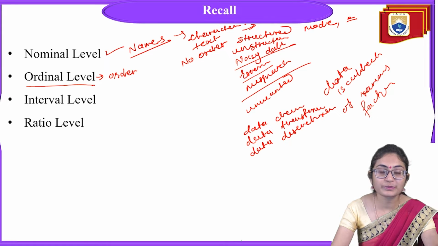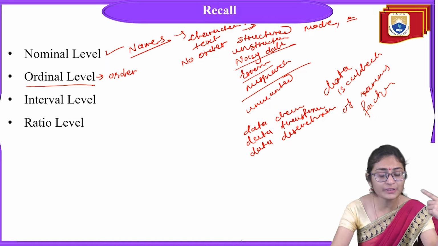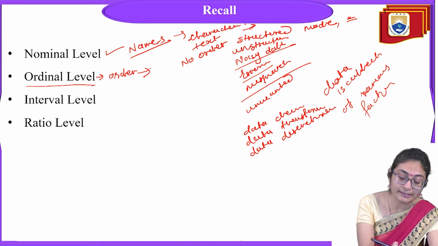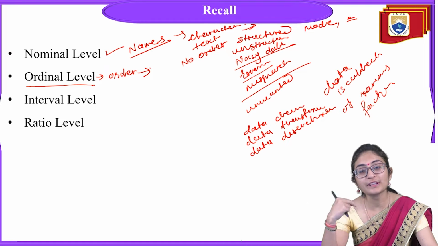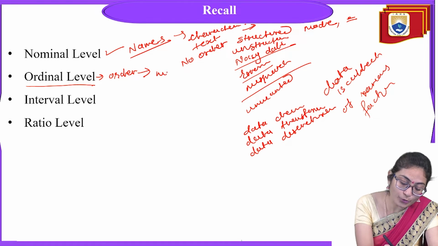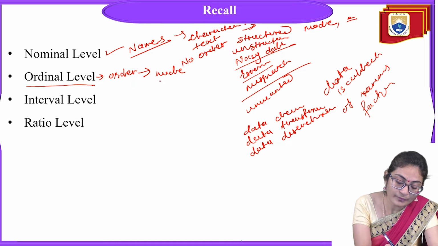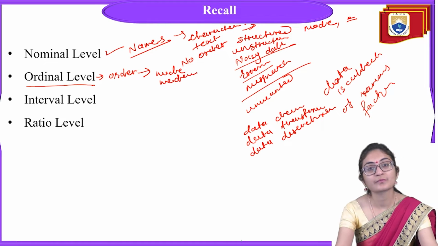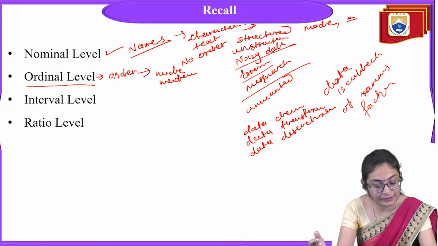The first topper, second, third, fourth, all these we keep in order. That means it is showing the order of the data, and because of this we can find the mode of the data and the median of the data.